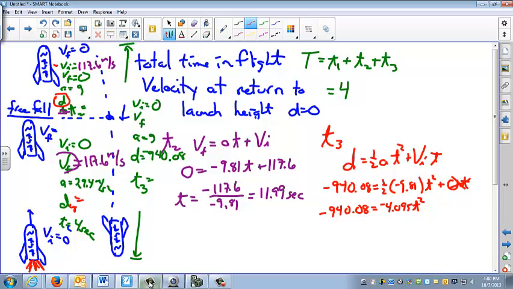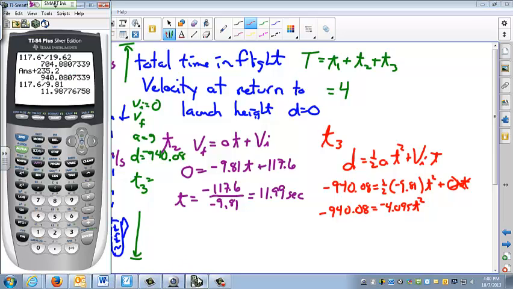Dividing both sides by the 4.095, 940.08 divided by the 4.095 gives me a T squared equal to 292.74.